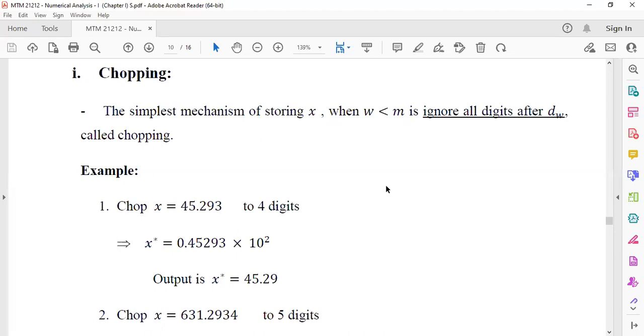Do the second one and answer me in the chat box. Okay, I'm getting some answers.